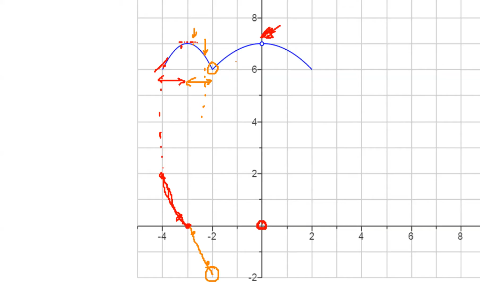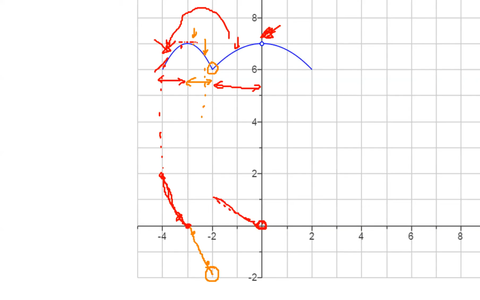Let's now look at this branch, and compare it with this one. These parts are somewhat similar. At least they're all positive slope right here. The slopes of the tangent are positive. However, this line is not as steep as this curve. That means the slopes are not as big as that branch, so this graph is lower compared to this one.